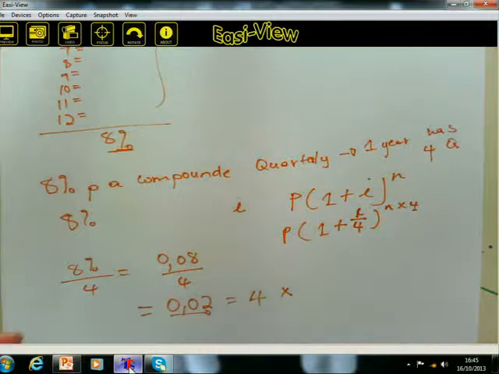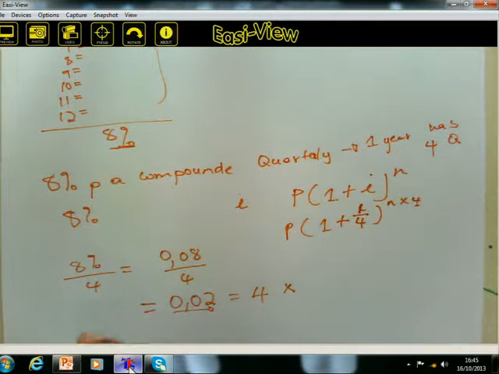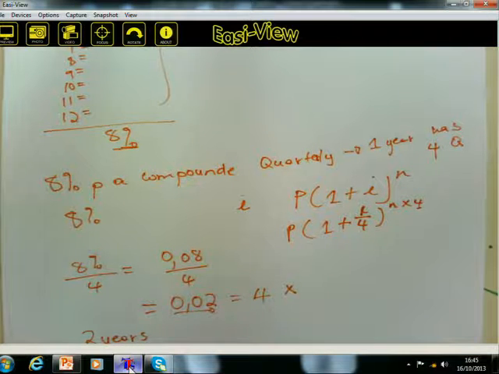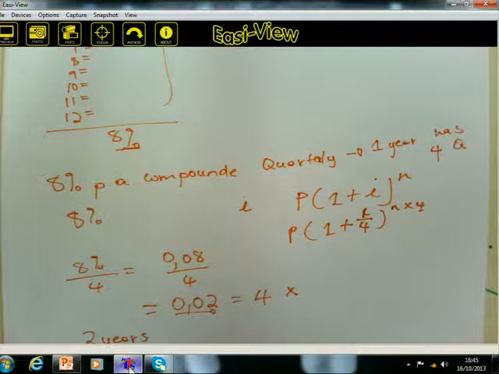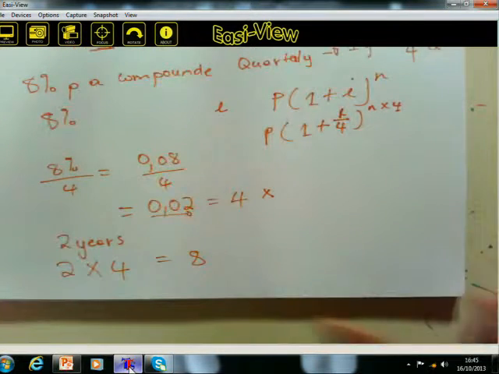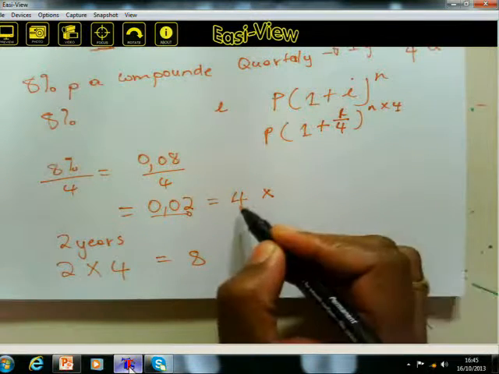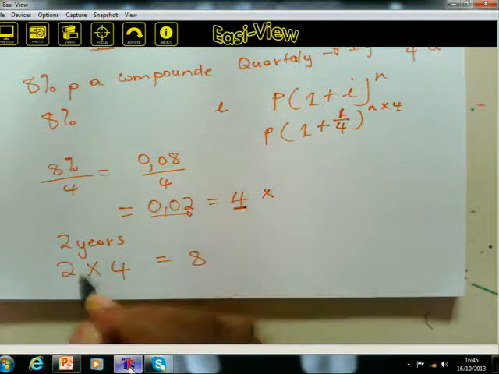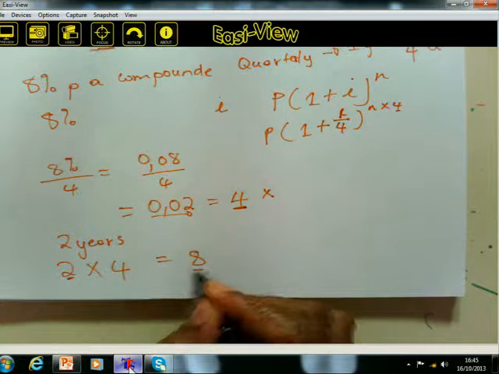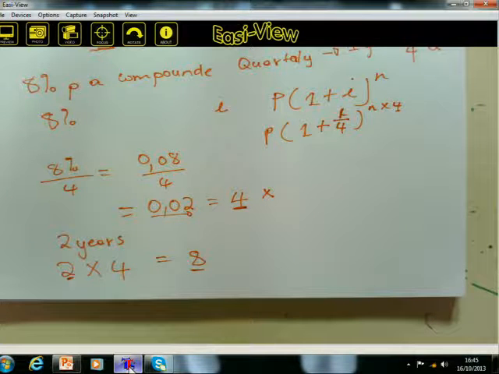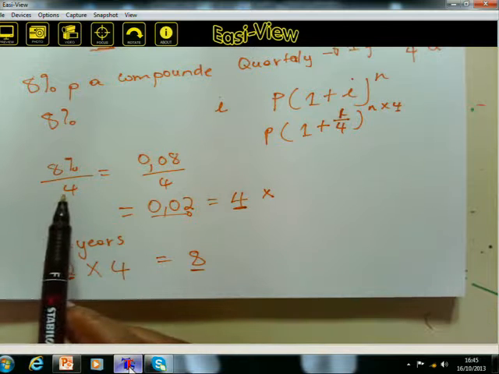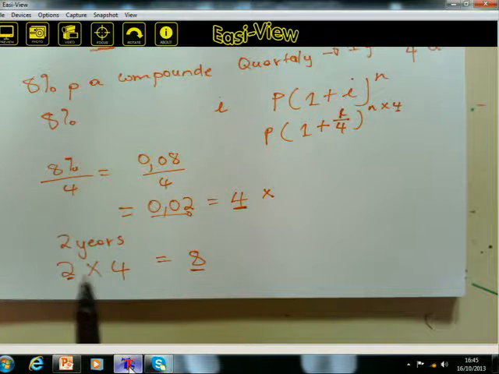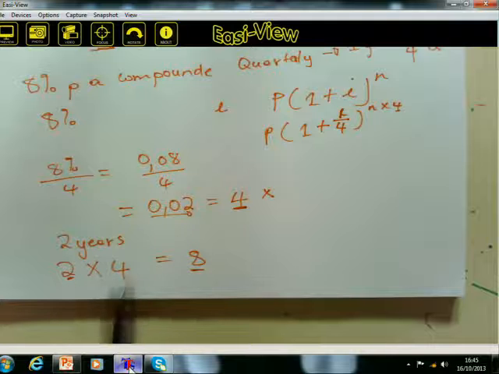And then from there, if it's 2 years, you're just going to say 2 multiplied by 4, and then it's going to be 8. So now, remember, each year you're going to get this interest, 0,02%, 4 times a year. So in 2 years, you'll get the interest 8 times. That's why we divide the interest by 4, and then we multiply the number of years by 4.